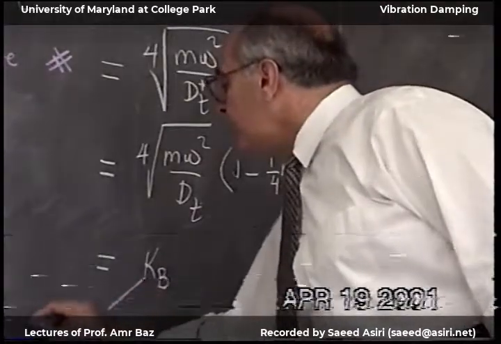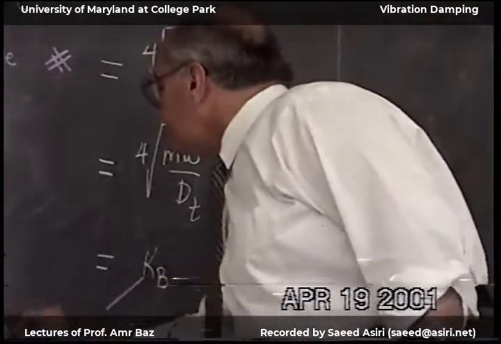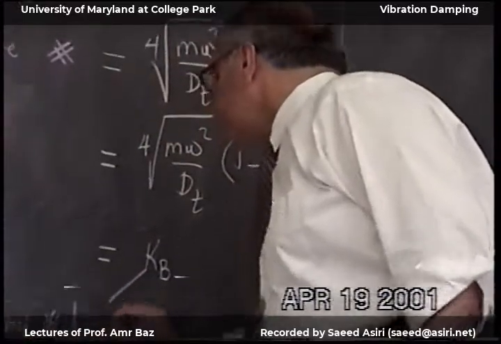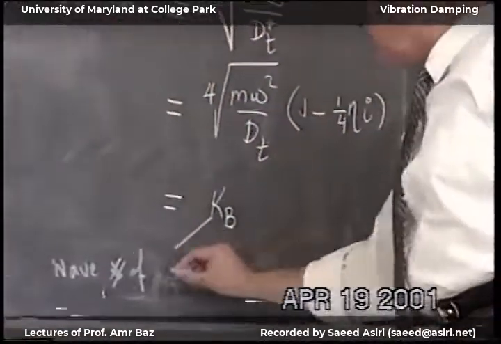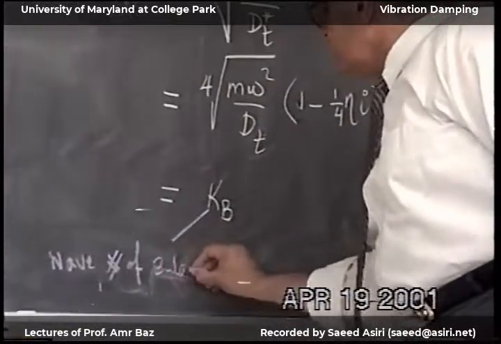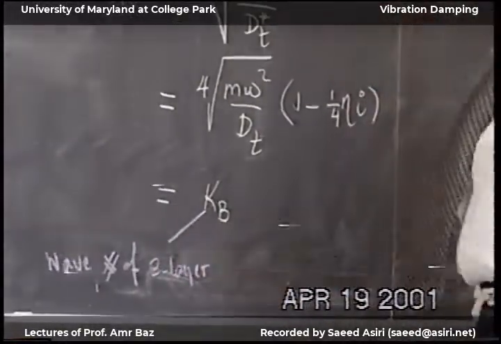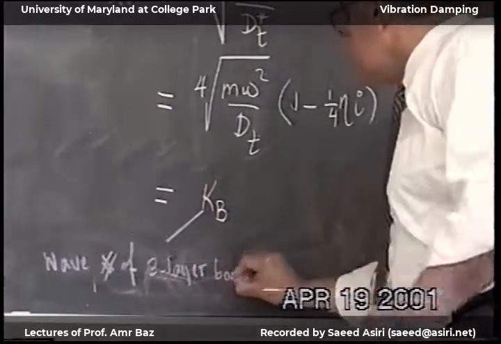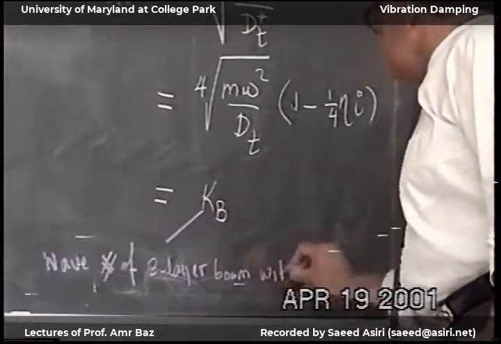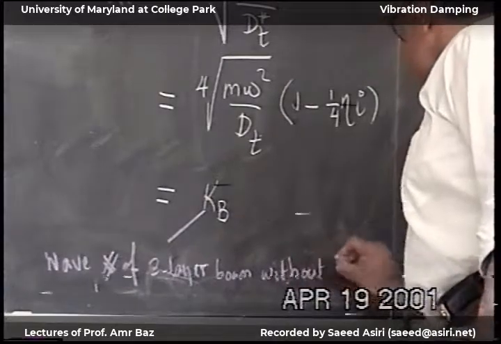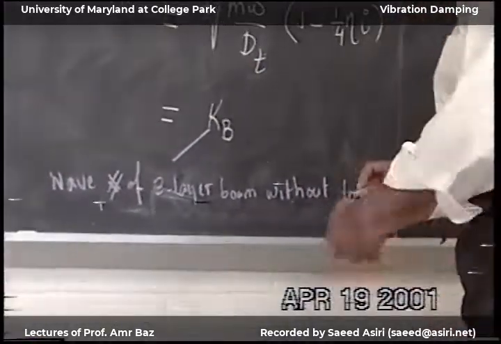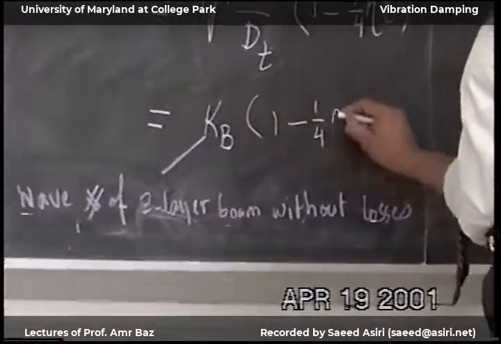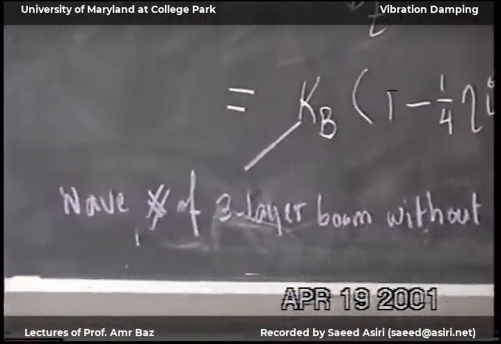So this is the wave number of the 3-layer beam, or the constraining layer assembly, without losses. And then I'm multiplying it times 1 minus 1/4 eta i.